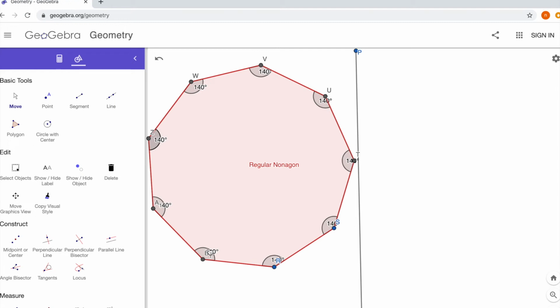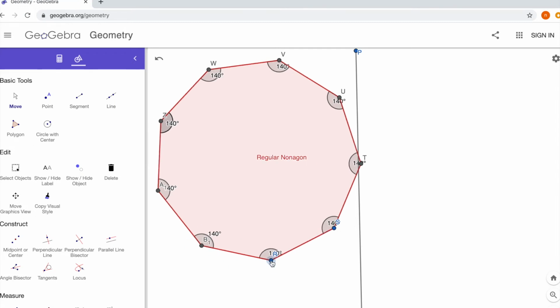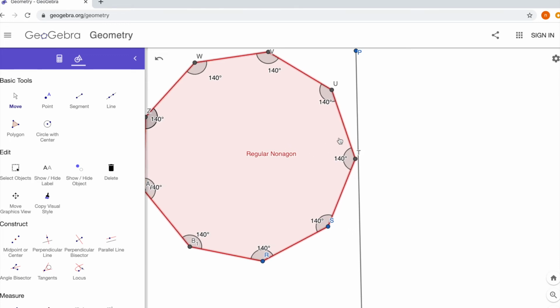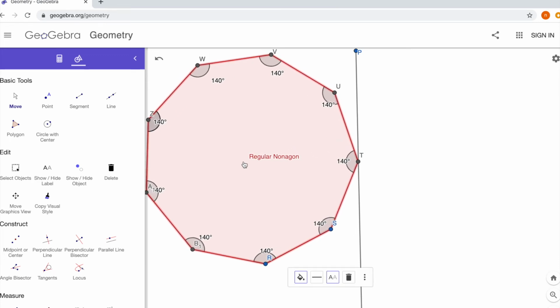So I move it a little, bring all angles a little more prominent so that you can see that it is 140 degree. Just move it so that it will fit clear. 140 degree, all angles are of same measure here. So what do you see? That in regular polygon, all sides and all angles are of same measure.